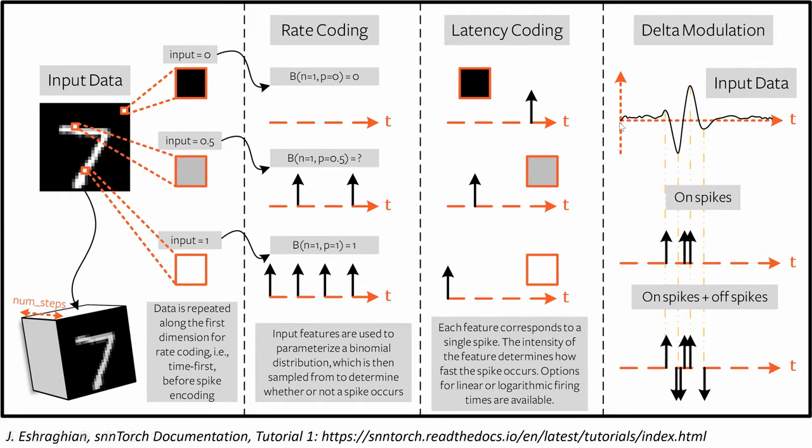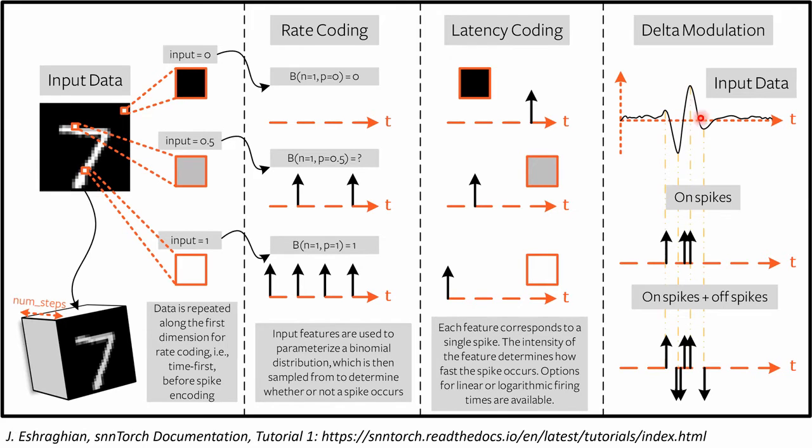I'll add in delta modulation into the mix as well, because this comes into its own class of things, where if you have time varying continuous input data, you basically compare subsequent time steps, and if the change between those two time steps is sufficient, then that triggers a spike, right? So here we've got a small increase, and I suppose that's thresholded high enough to trigger a spike.